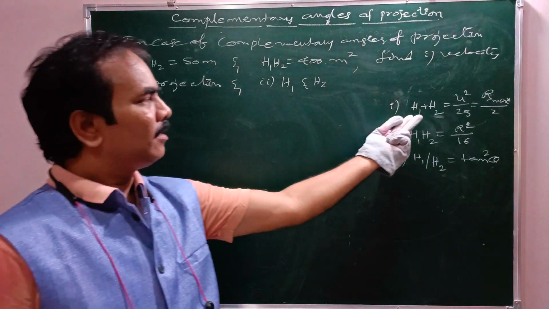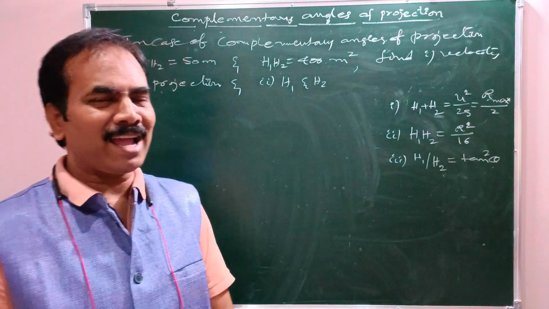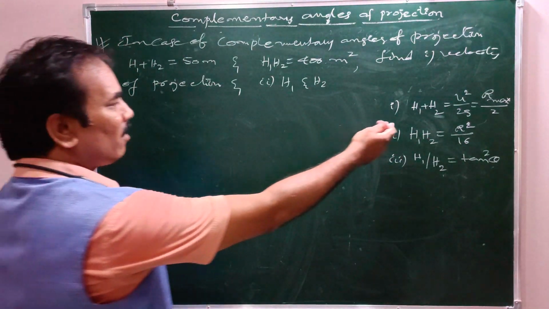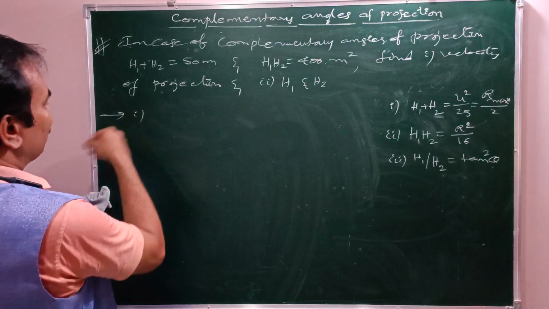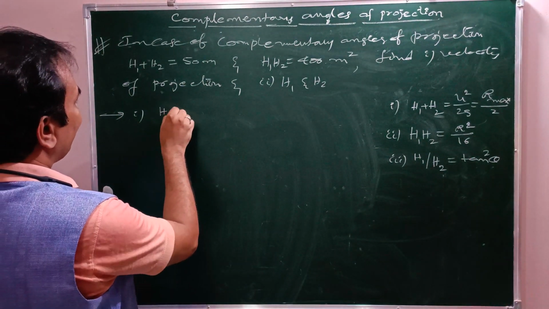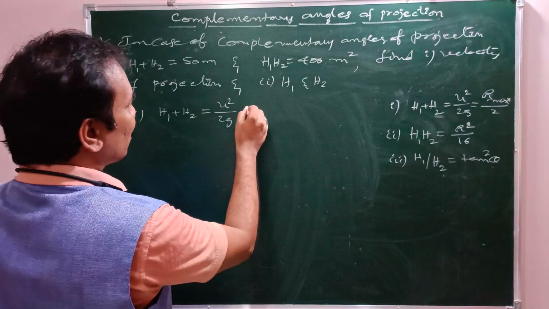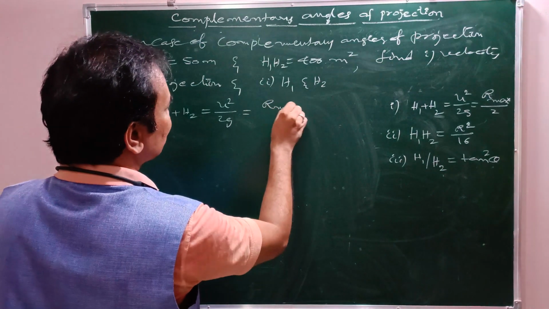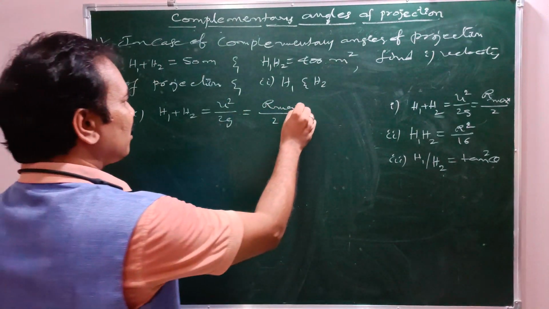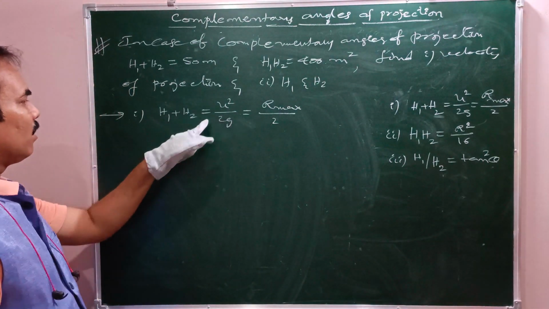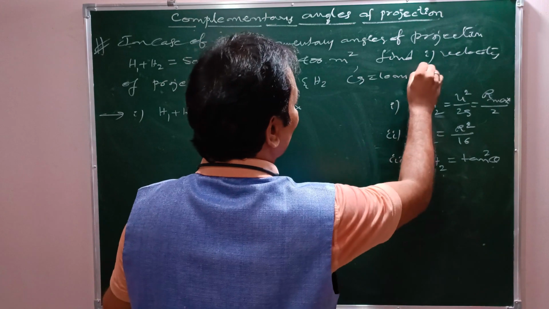We have already relations between h1 and h2 in case of complementary angles of projection. Number 1, h1 plus h2 equal to u square by 2g, otherwise R max by 2. U square by g means R max. Now here say g equal to 10 meter per second square.